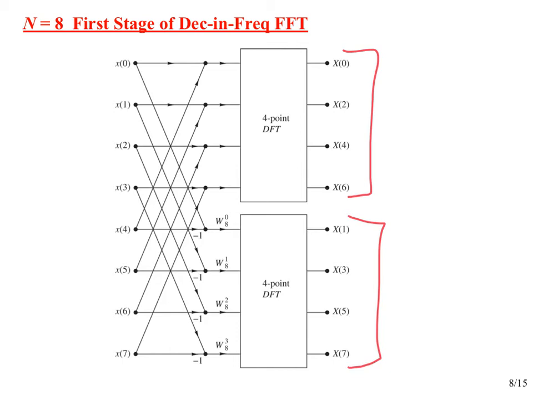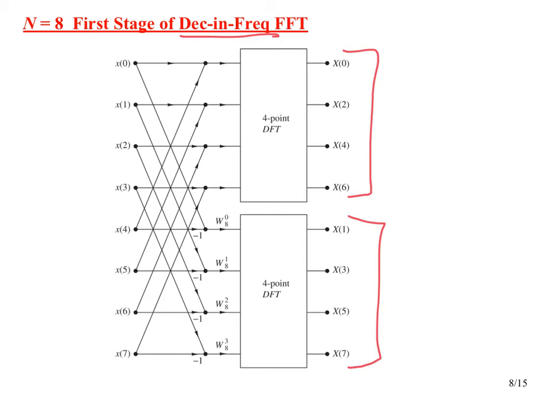We would recognize that that leads to a 4-point DFT with some butterfly structures strung in front of it. And then we would continue applying that idea. That's why it's called decimation in frequency, because it starts with looking at evens and odds on the frequency side of the FFT box.